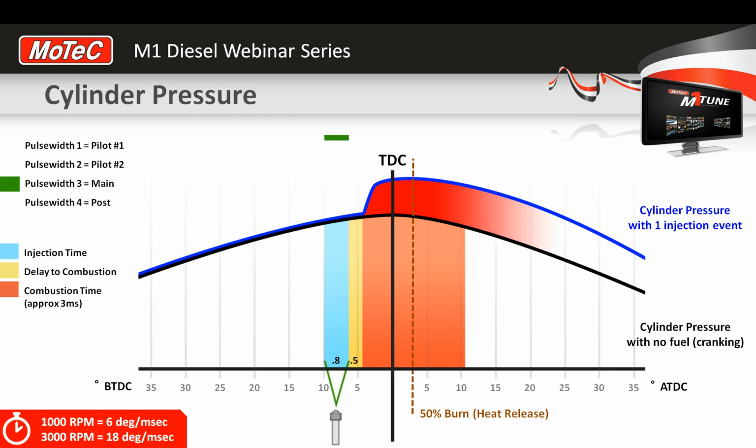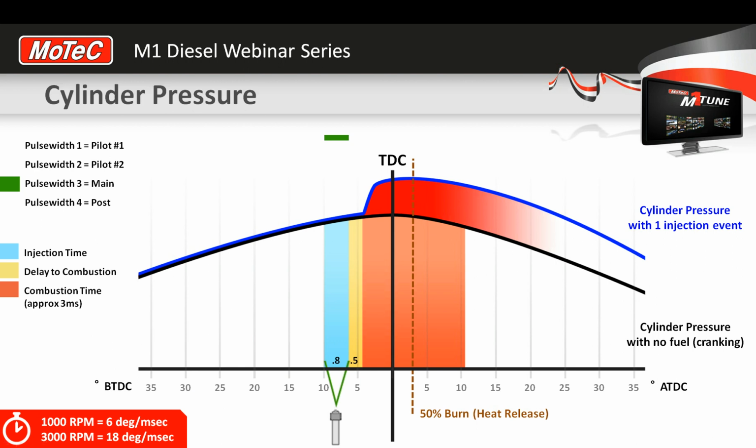So time and crank degrees become quite critical for understanding where and when to start that fuel delivery. I just wanted to show you here that at 1000 RPM, which is just above idle, 6 degrees of crankshaft takes 1 millisecond. So a 1 millisecond pulse means the fuel is squirting over 6 degrees of crankshaft.